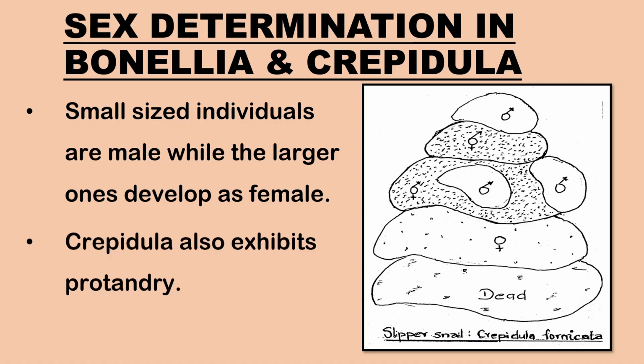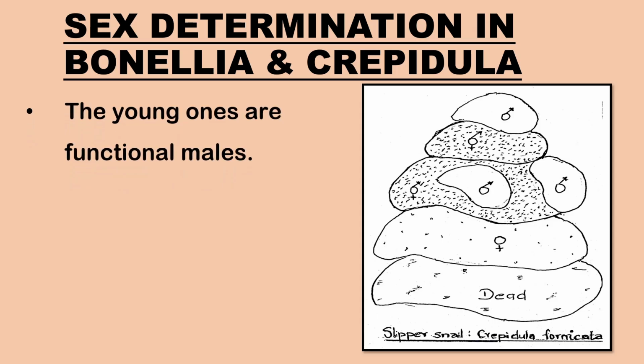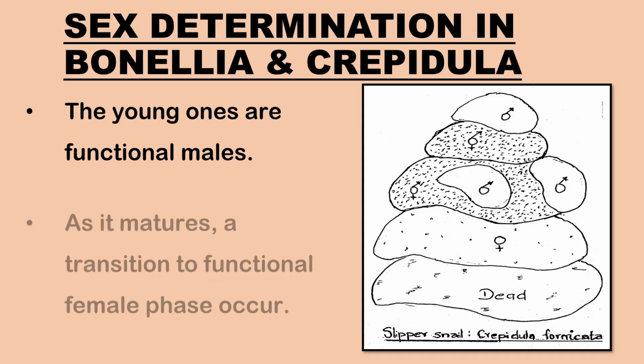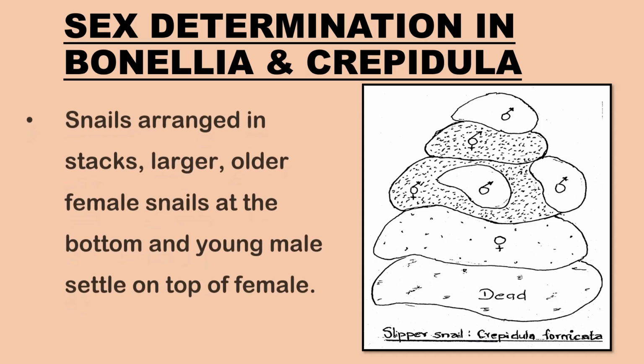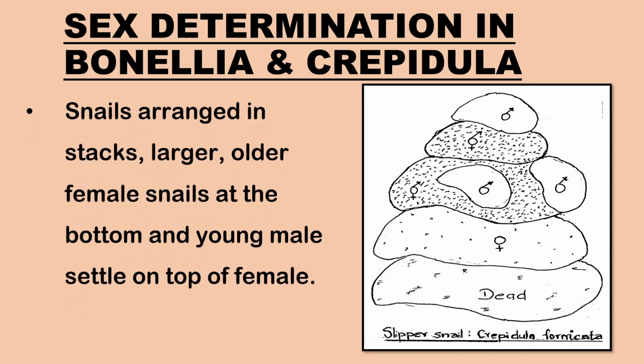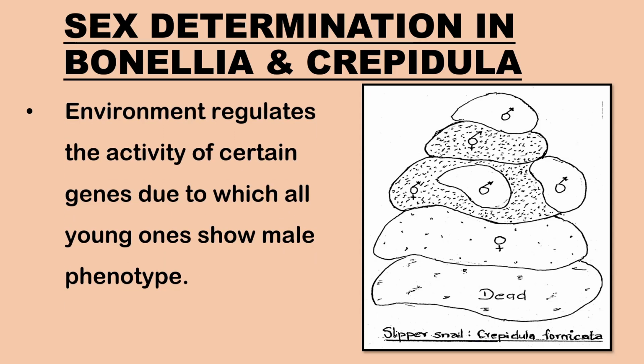Crepidula also exhibit protandry. The young ones remain functional males and produce only sperms. As they mature, a transition to the functional female phase occurs. The snails are arranged in stacks, with larger, older female snails at the bottom and the young males settled on top of the female. It is suggested that the environment regulates the activity of certain genes, due to which all young ones show the male phenotype.